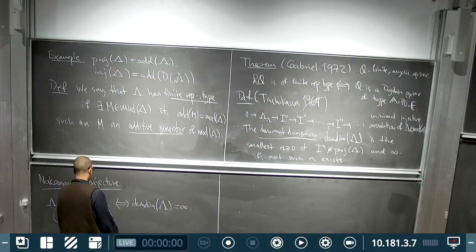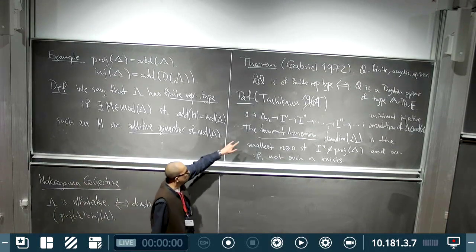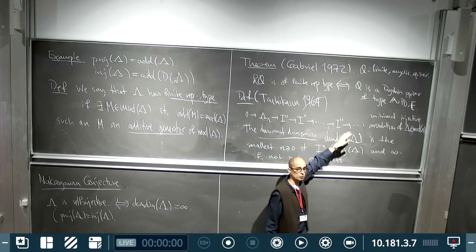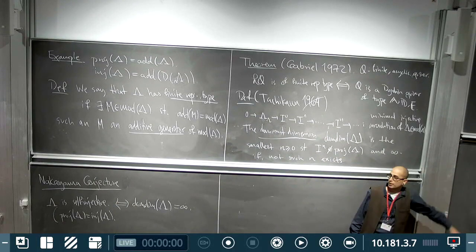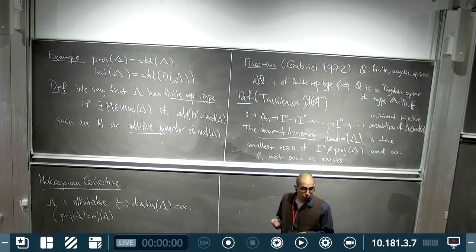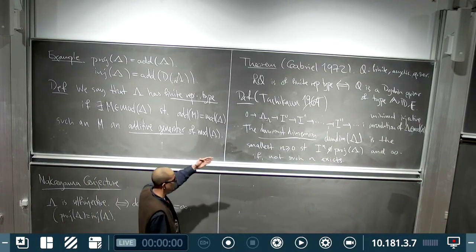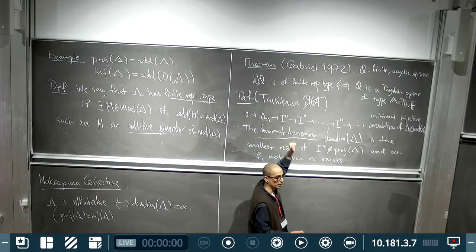And in fact, in the self-injective case, the minimal injective co-resolution of lambda, because lambda is already injective, consists just of lambda again, and then 0, 0, 0, 0 ad infinitum, and 0 is of course also projective. Yeah? So the statement is that if this number is infinity, then everything collapses and you just have the beginning of the resolution.